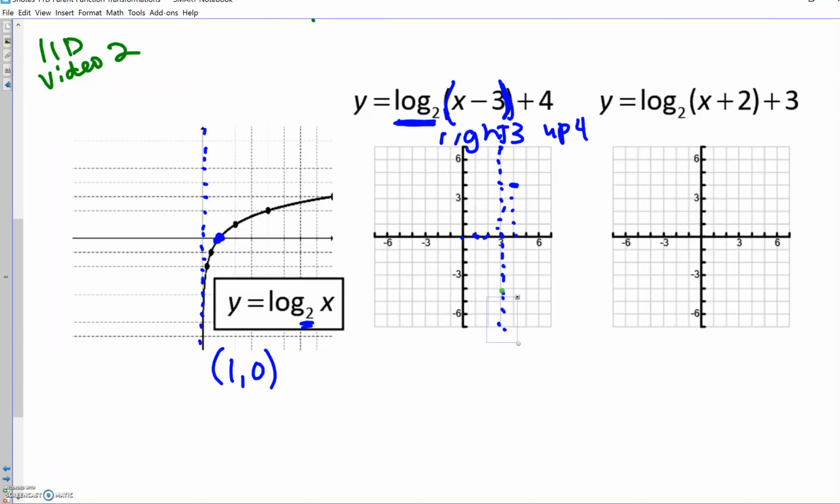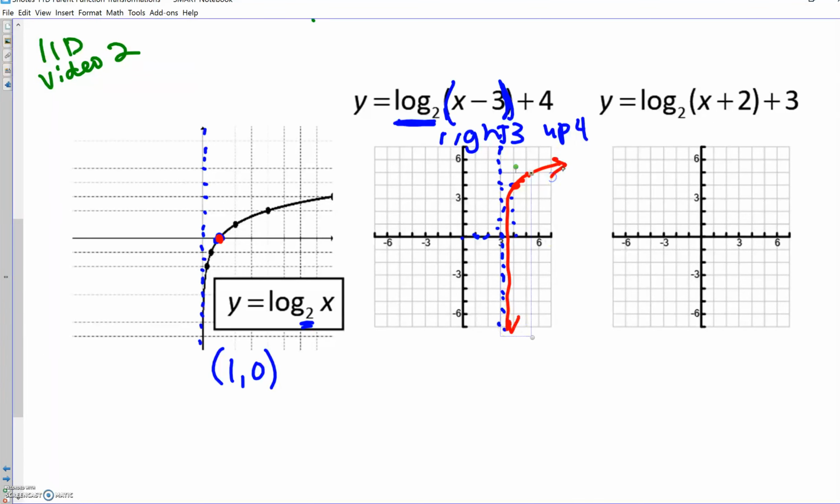All right, so let's change the colors here and make this our point right there. But you can kind of see how that goes. It's going to go to 1, so it looks something like this, and it's going to follow along the asymptote, getting closer and closer to it.